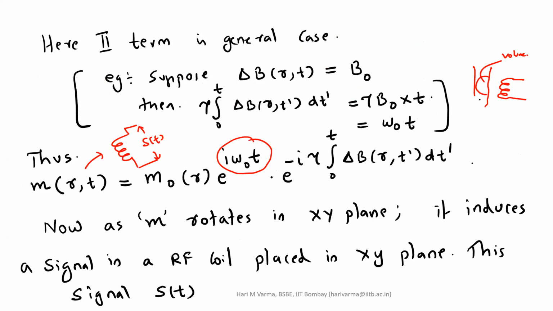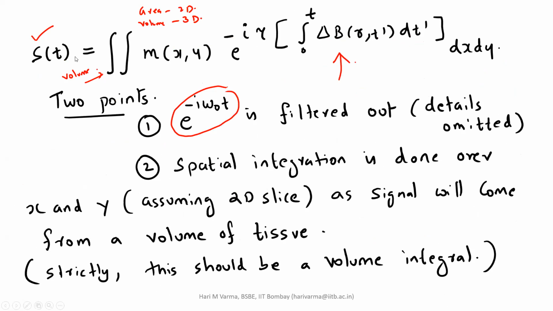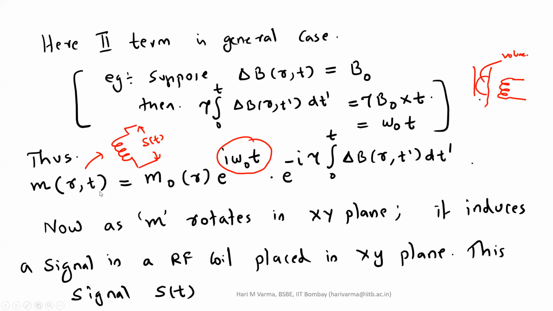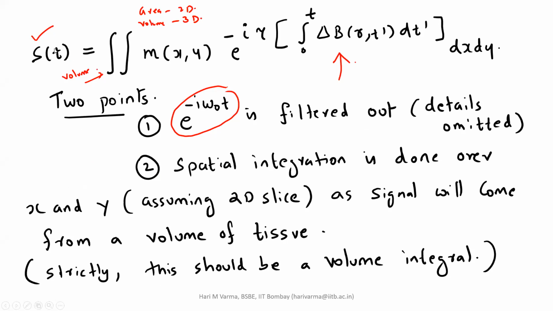So now we are going to look at what will happen to that signal. This S of t is nothing but a double integral of m of xy e raised to minus this form. This particular rotation is going to induce a signal for me, and that can be expressed in this form after certain approximations, which I am skipping.